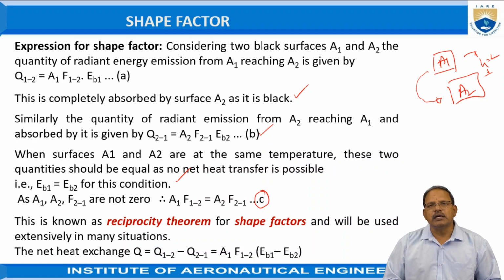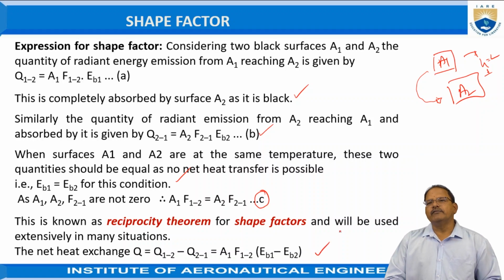This concept, A1 F12 equal to A2 F21, is known as the reciprocity theorem for the shape factor and will be used extensively in many situations to determine the net heat energy that is absorbed by any object.